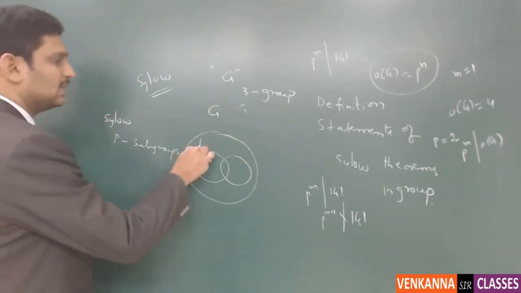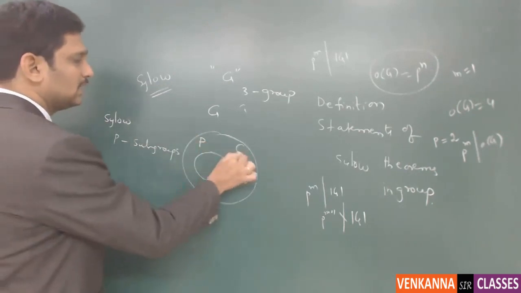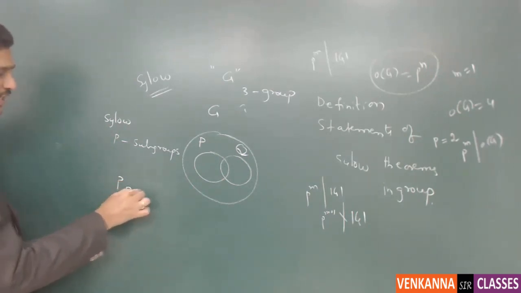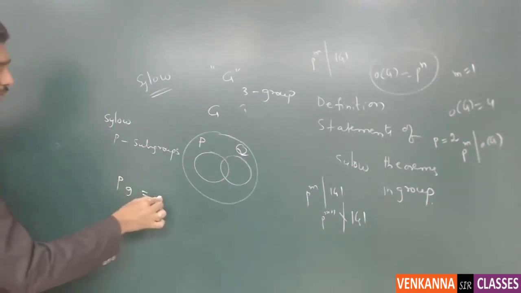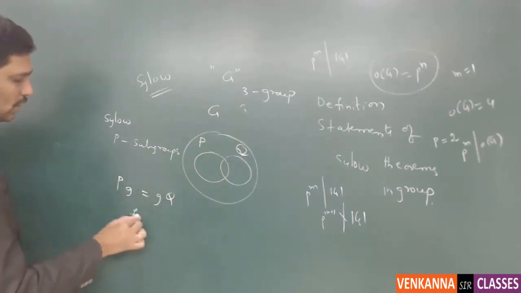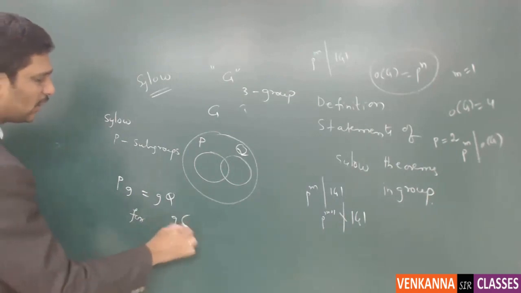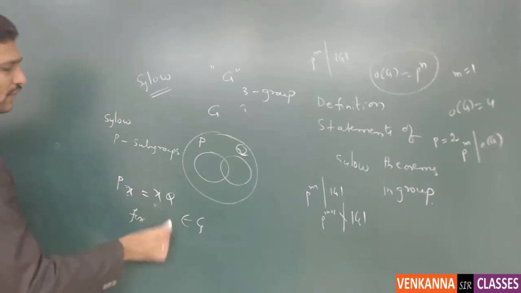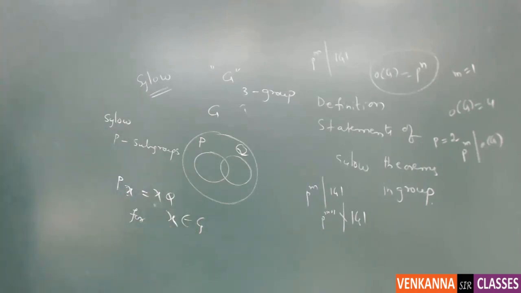Let me say this is one subgroup P, this is another subgroup Q. Then it is possible for us to write that Pg is equal to gQ for some element g belonging to G. Or you can write Px is equal to xQ for some x belonging to G. In other words, you can write it as P is equal to xQx inverse.